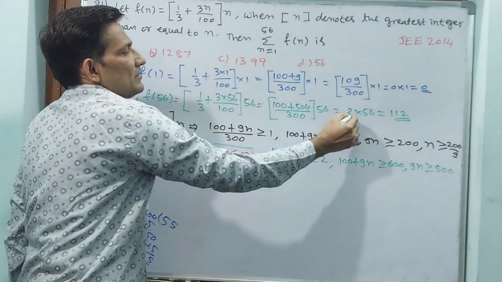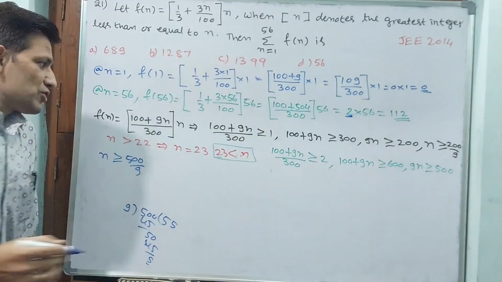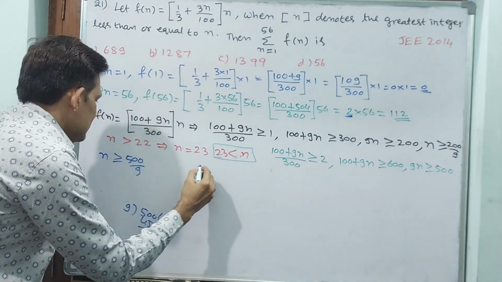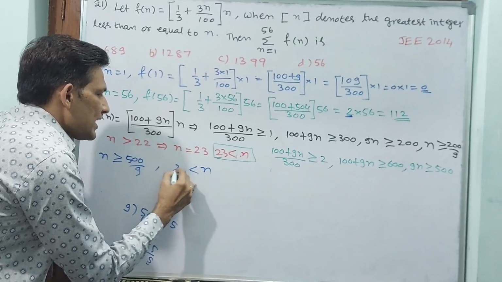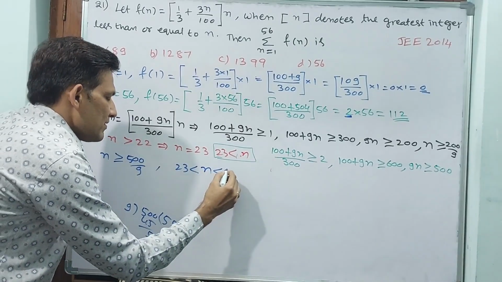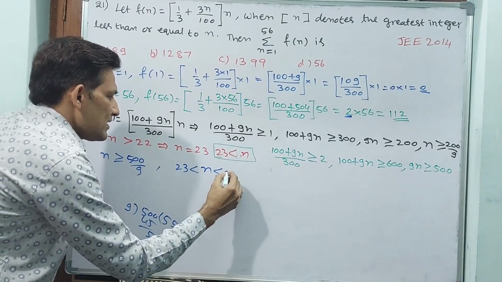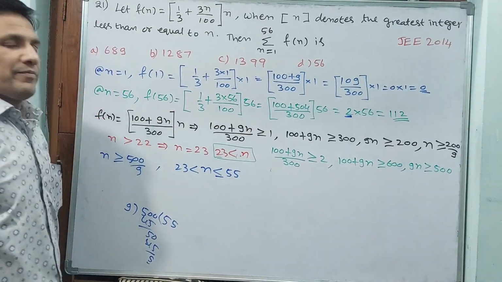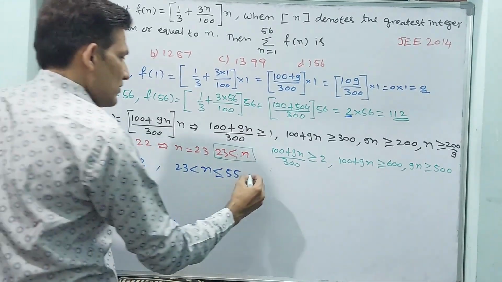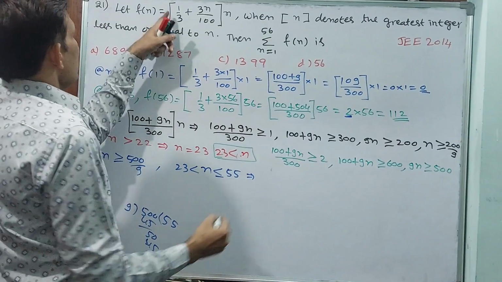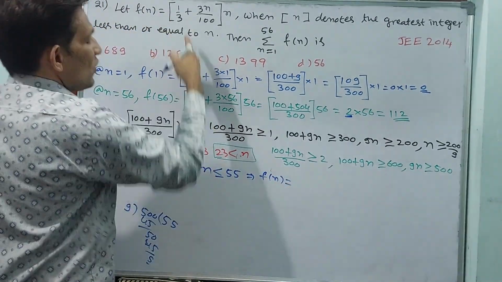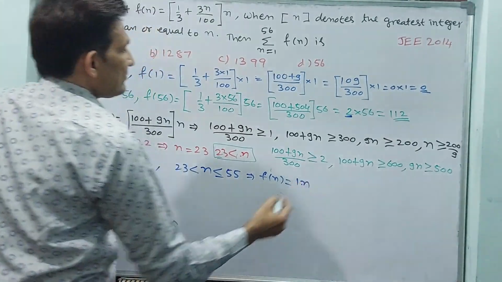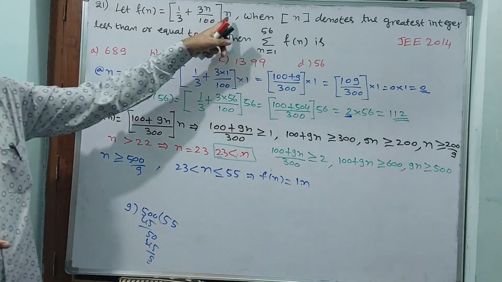Shall I write like this: if n is greater than 23 but less than or equal to 55, then f of n is equal to 1n. Observe carefully, this n also has to be considered.